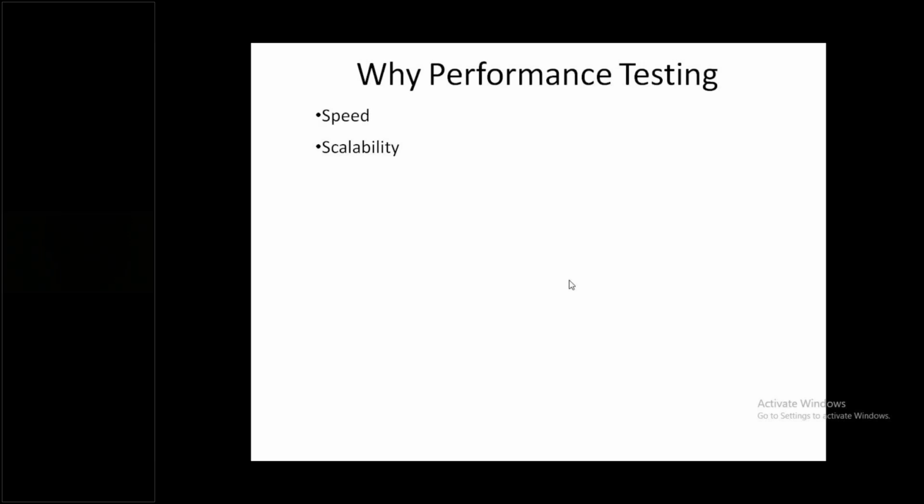Then let's say my application is having a good speed. My application is having that scalability. It is able to accommodate the new user load. Now it will not be sufficient if it accommodates the new user load, let's say for 1 or 2 days or 1 month.